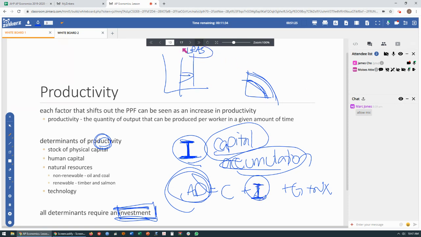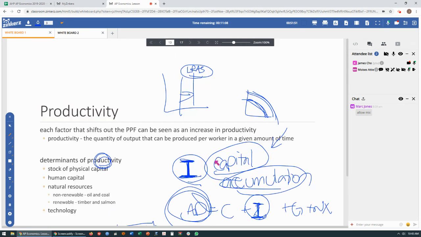Because again, what determines LRAS? Quantity and quality. What you did was you increased the quantity or the quality of your resources. So I has the benefit of helping my economy right now, but it also helps my economy in the long run aggregate supply, because I'm gathering up more resources.